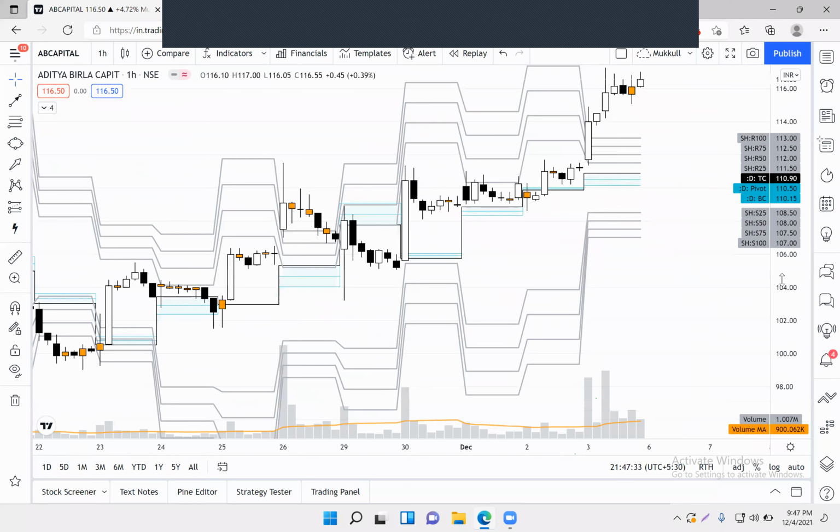So what is your first rule? You will look for uptrending stocks for at least 2 or 3 days, correct? Second, the stock should be in momentum. It is not that the stock goes up 1%, comes down 1% or 2%, and again goes up 3%. We do not want such stocks.